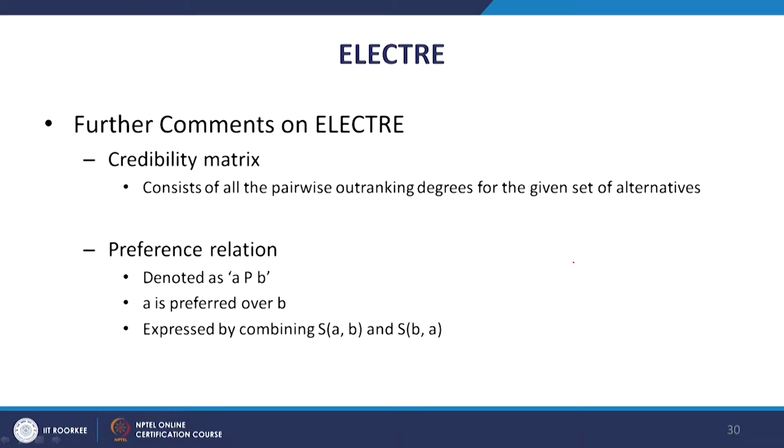The preference relation can be denoted as A capital P B, which means that A is preferred over B. As we talked about, both capital S of A comma B and capital S of B comma A are going to be part of the calculations and steps we use to compute the preference relation.